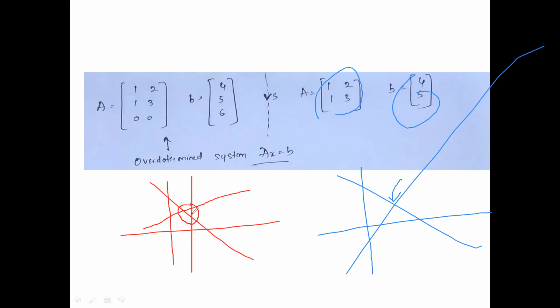And what to do? We try to pick a point somewhere in the center which is going to have the least error. Let us have an answer which is approximate, not actual. So how do we do it? What should be our approach?